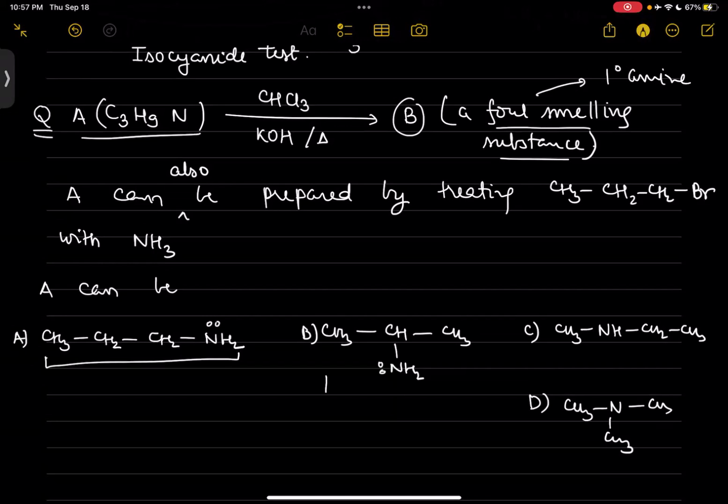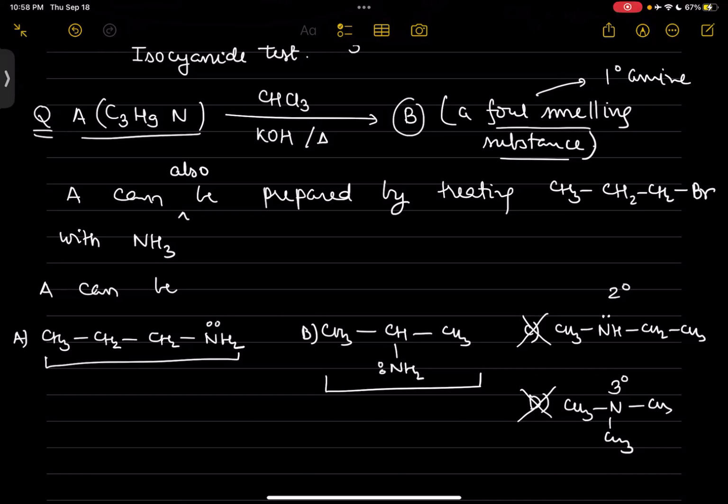This is also NH2. Got it? C cannot be the answer because it is a secondary amine. D cannot be the answer because it is a tertiary amine. Got it? Clear? Yes, sir.